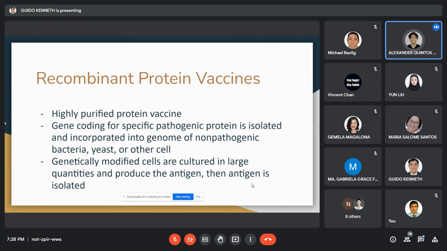So what they do is that the gene coding for a specific pathogenic protein is isolated and incorporated into the genome of a non-pathogenic bacteria or yeast or other cell. This genetically modified cell is cultured in large quantities so that it will produce the antigen, and then the antigen is isolated.